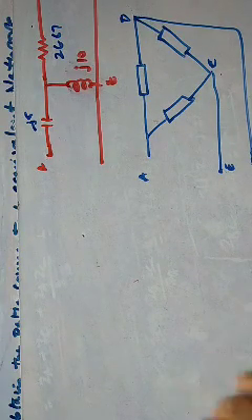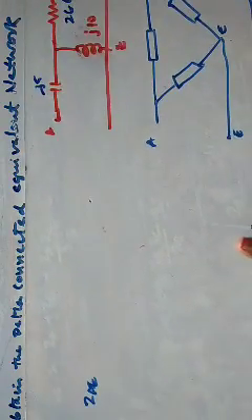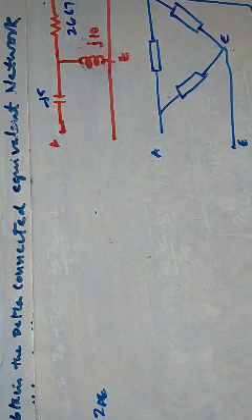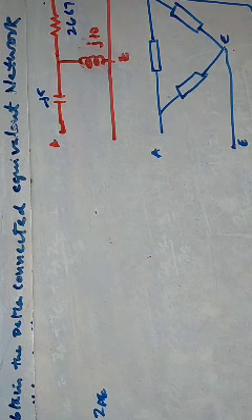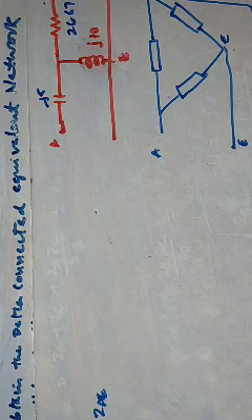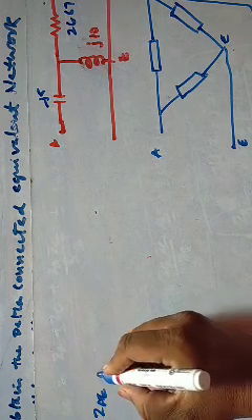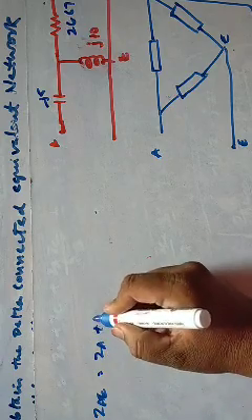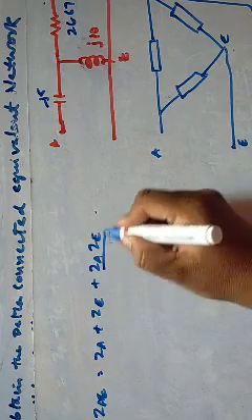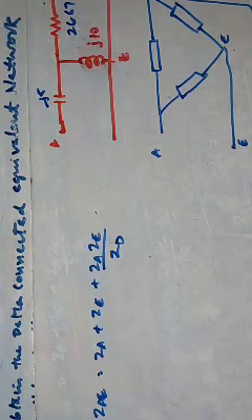To find ZAE, these two are necessary. ZAE is equal to ZA plus ZE plus ZA ZE divided by ZD.